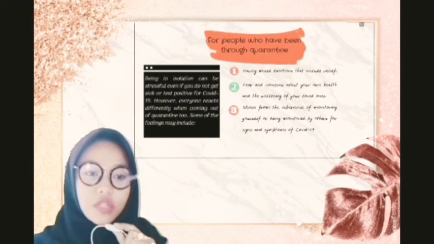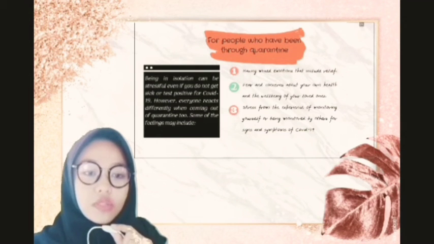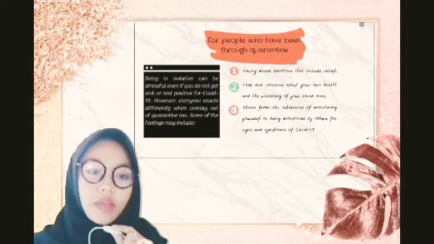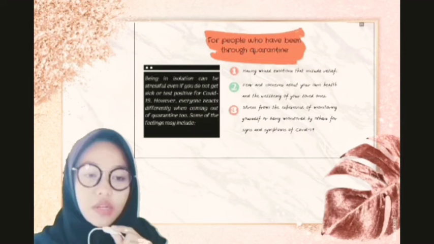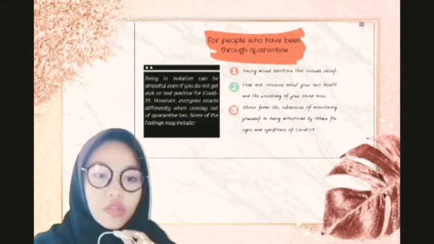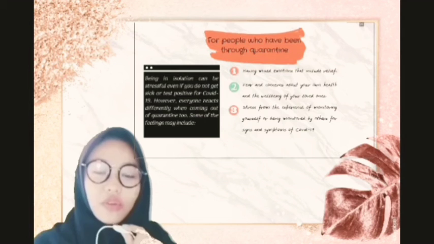Having mixed emotions that include relief. 2. Fear and concern about your own health and the well-being of your loved ones. 3. Stress from the experience of monitoring yourself or being monitored by others for signs and symptoms of COVID-19.